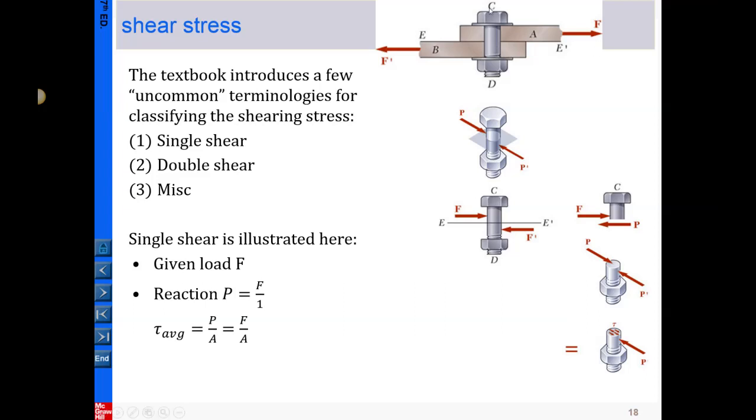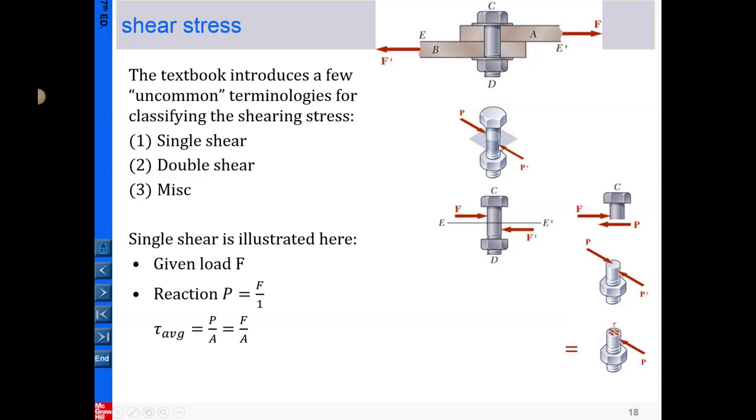So that's the reason why we take the free body diagram on the pin, like this. Once we have a free body diagram, you can see the forces being transmitted to the pin. One, the force on the top plate A has been transmitted to here to push the pin around here, so that is represented by this one, P, in magnitude equal to F. The second one is the force F prime that's been transmitted through the plate B and applied to the pin around here.